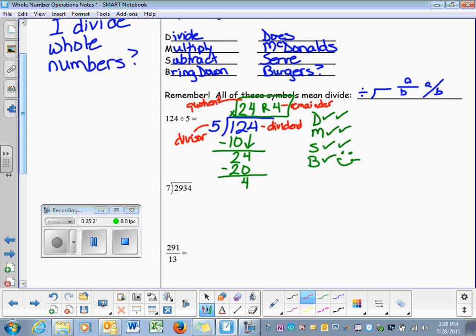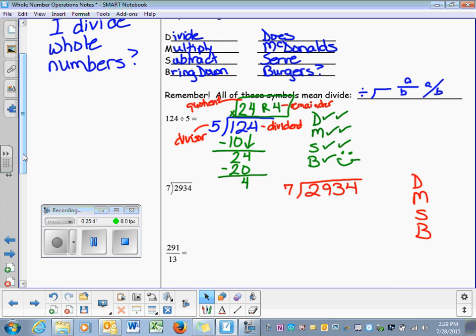All right, next one. This one is set up nicely for me, except that it's way too small for my handwriting. So I am going to rewrite it over here. 2,934 divided by 7. Does McDonald's serve burgers? All right, first step is divide.